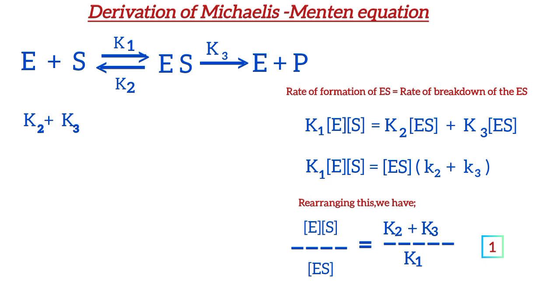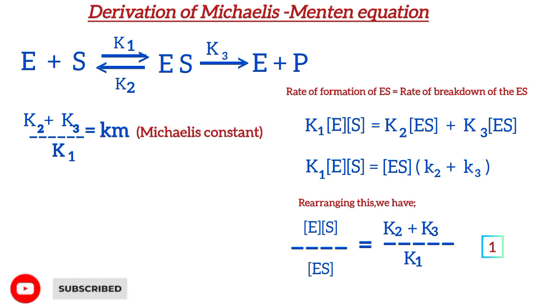This K2 plus K3 over K1 is equal to Km, which is the Michaelis constant. So, in this equation 1, we replace K2 plus K3 over K1 with Km. Doing that, we have Km, the Michaelis constant, is equal to the concentration of the enzyme times the concentration of the substrate over the concentration of the enzyme-substrate complex.